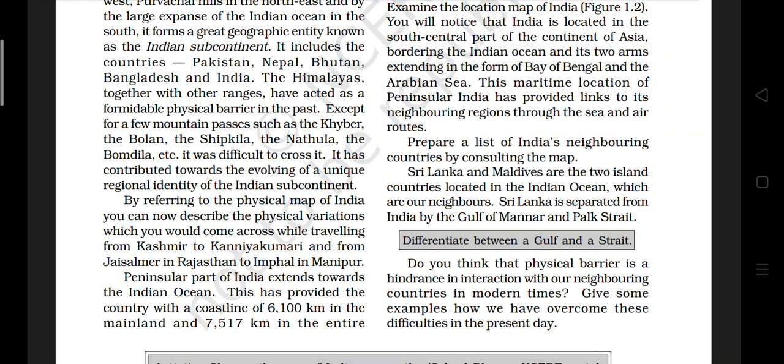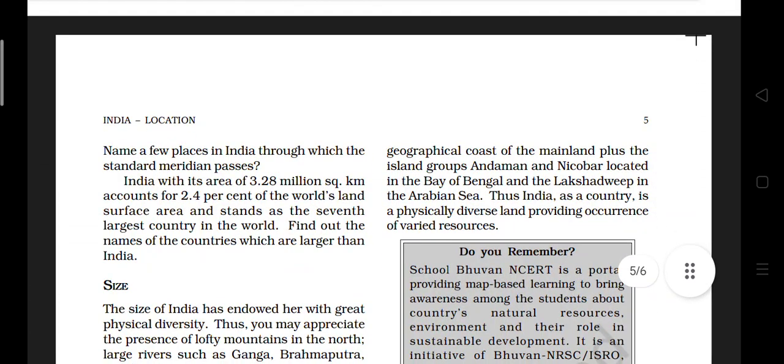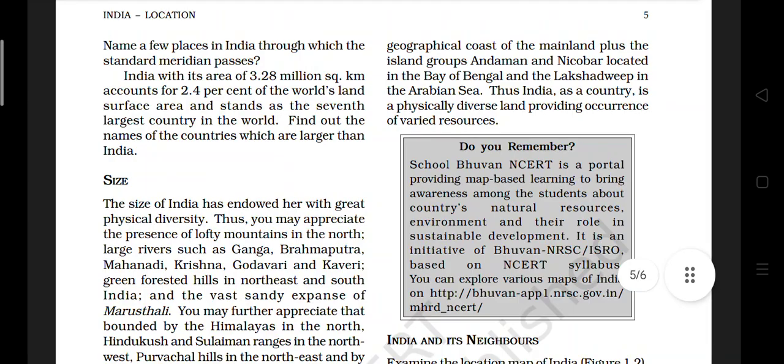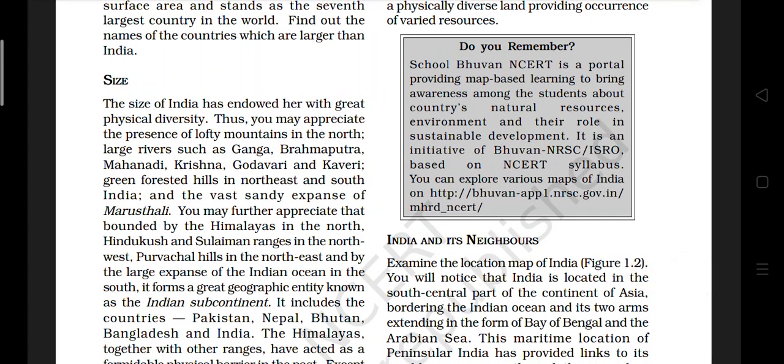This has provided the country with a coastline of 6,100 km in the mainland and 7,517 km in the entire geographical coast of mainland, plus the island groups of Andaman and Nicobar located in the Bay of Bengal and the Lakshadweep in the Arabian Sea. Thus, India as a country is a physically diverse land providing occurrence of varied resources.